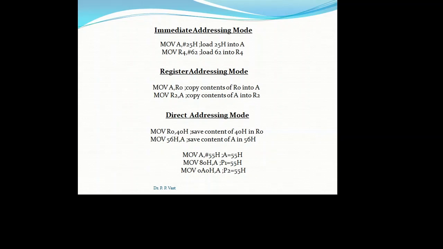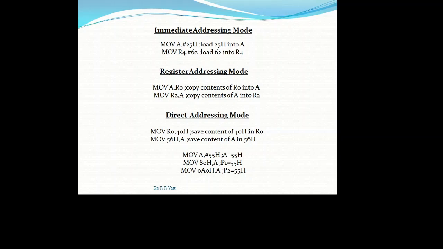Also MOV 0A0H, A: the data in the accumulator will get copied to 0A0H. 80H is the address of port P1, whereas 0A0H is the address of port P2. So the 55 the accumulator was holding will get saved at ports P1 and P2.